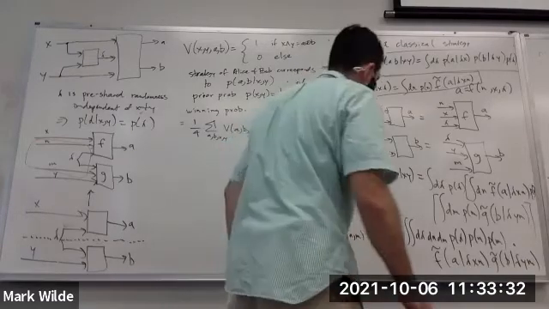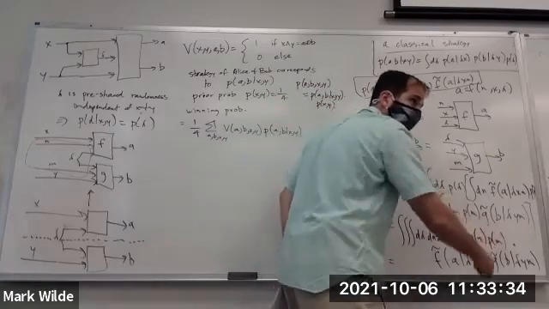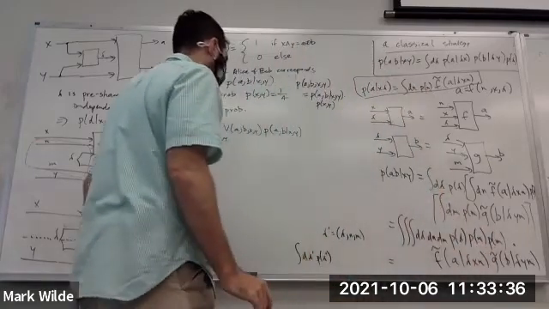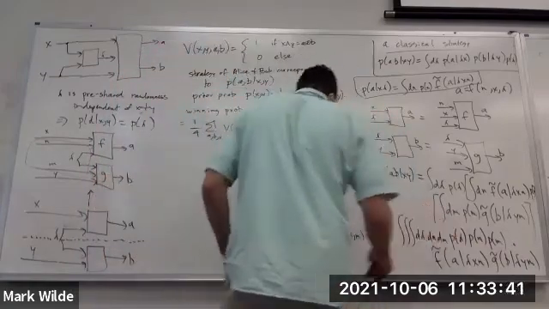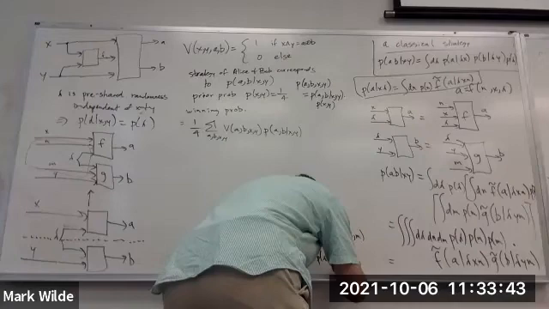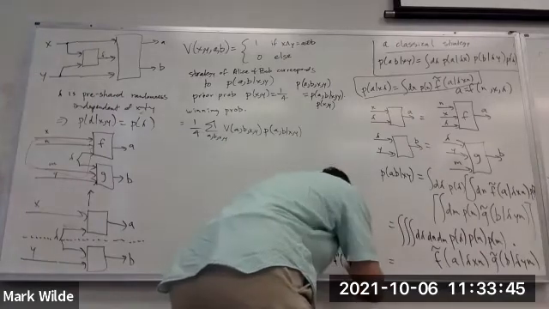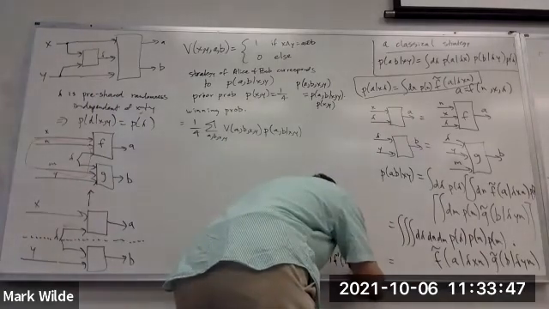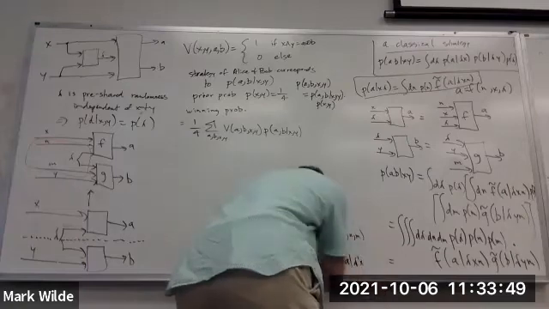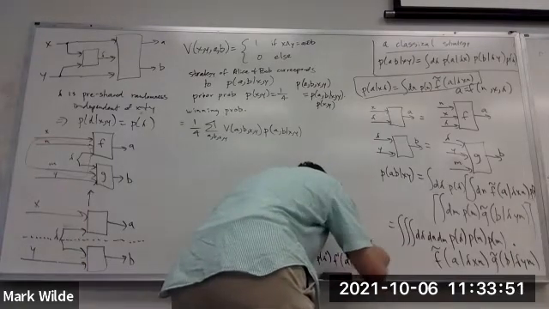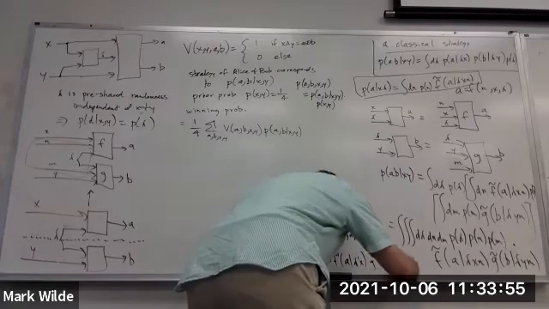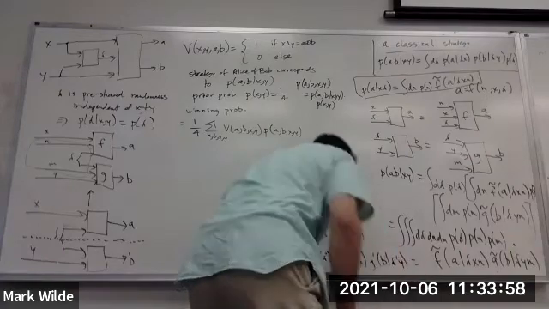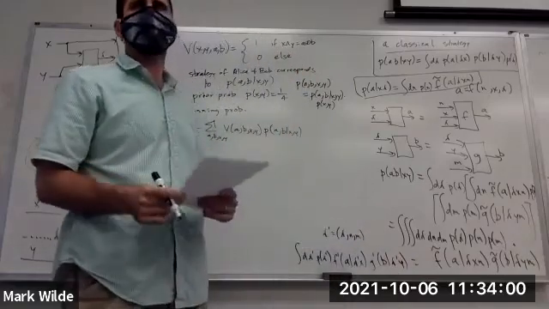So P lambda prime is just all these probabilities. And now we're going to do a final redefinition. F prime will be A given lambda prime and X. And G prime will be B given lambda prime and Y. Those are just some rewritings.